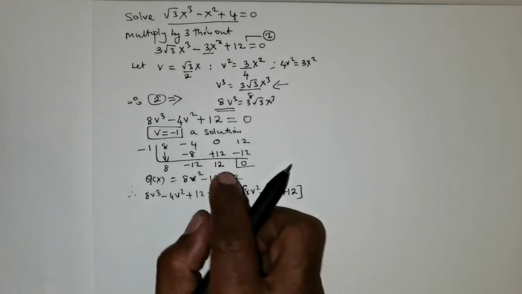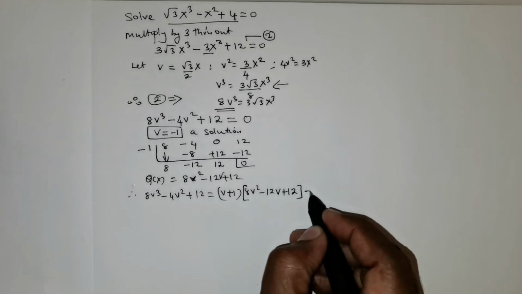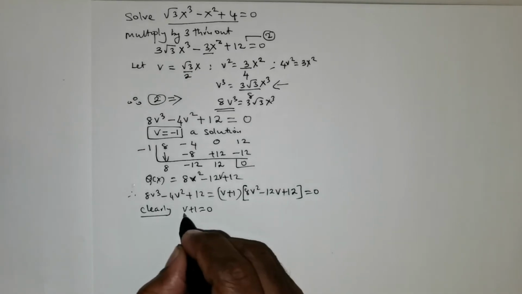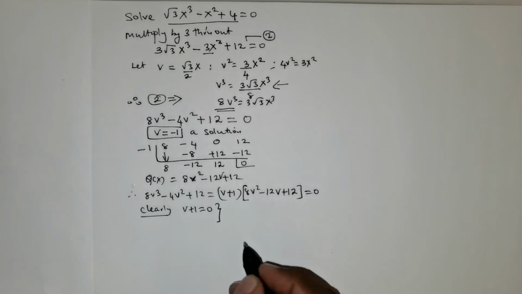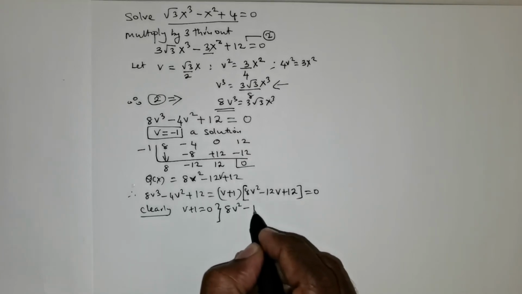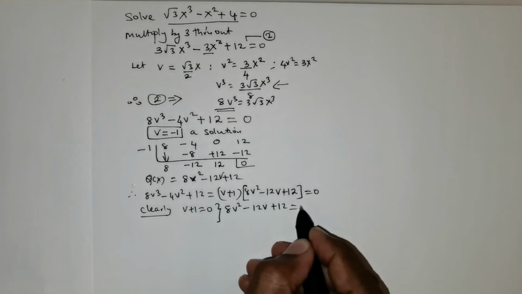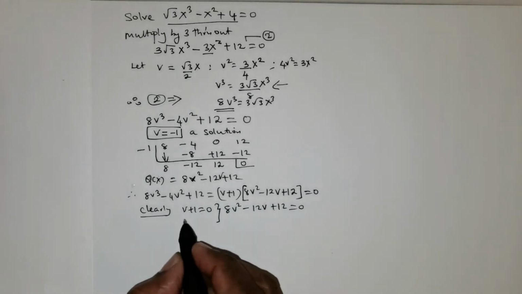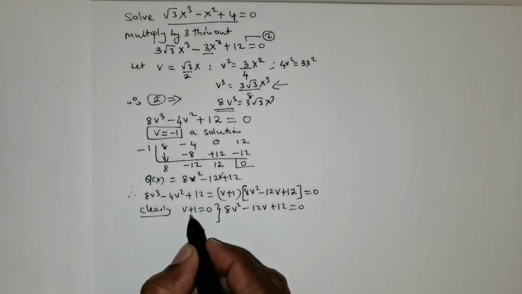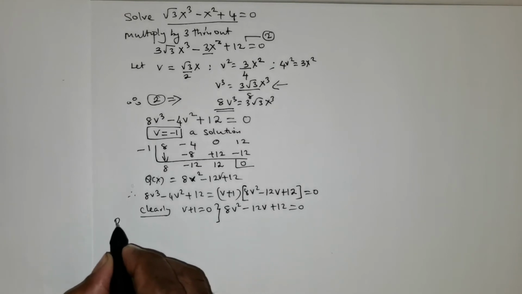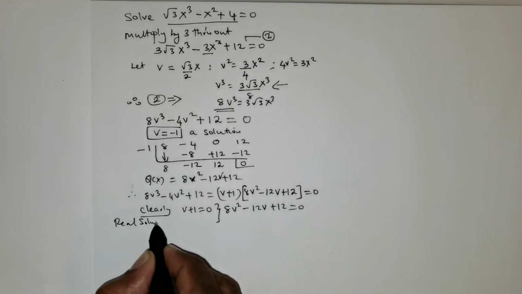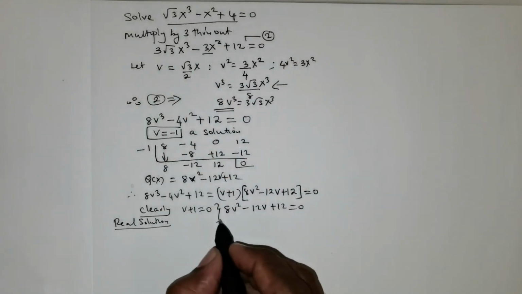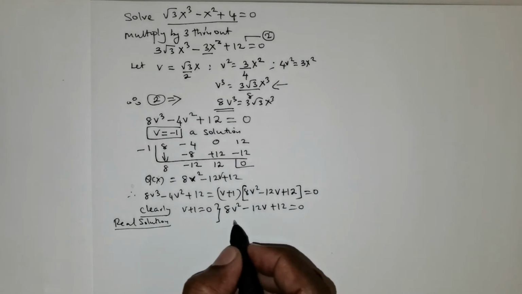Now since it is equated to 0, this is going to be equated to 0. So clearly we can say that v positive 1 equal to 0 is a solution, and 8v squared negative 12v positive 12 equal to 0 will also give us a solution. Now v positive 1 would be giving us one solution, so this is a real solution. But since the degree is 3, the other two solutions are going to be complex.